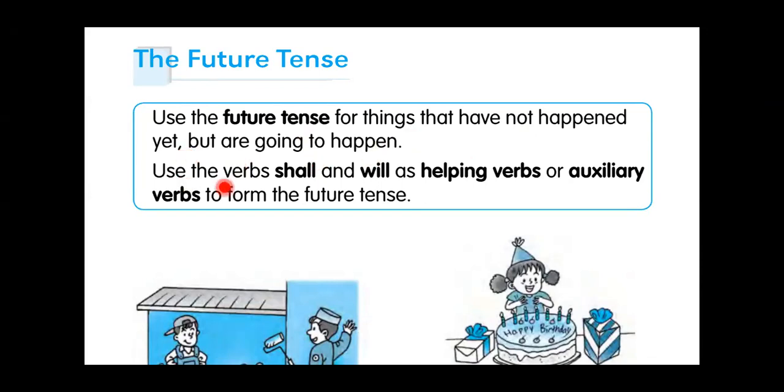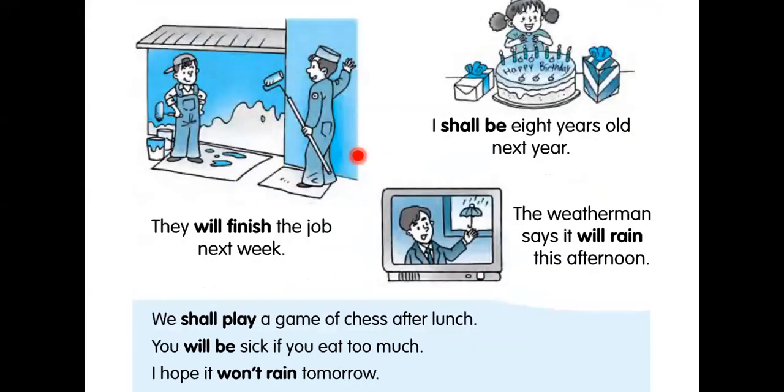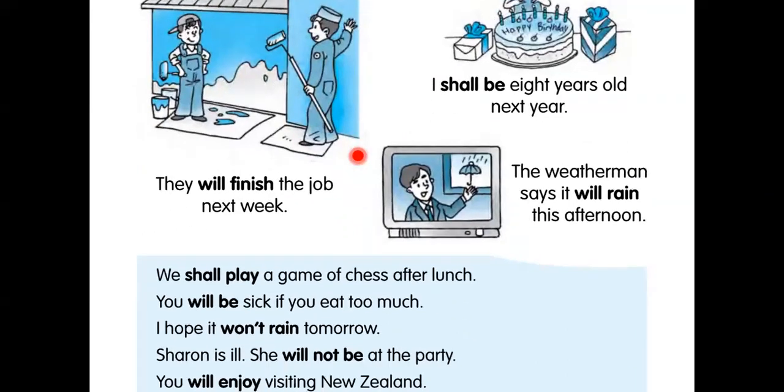Use the verbs shall and will as helping verbs or auxiliary verbs to form the future tense. We will come to know when we should use shall and when we should use will.